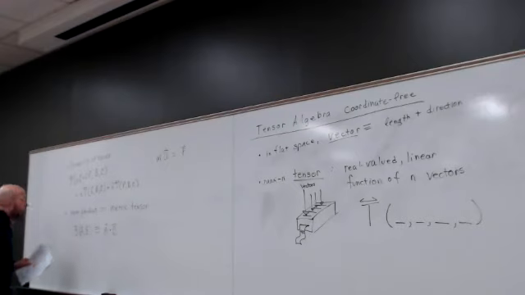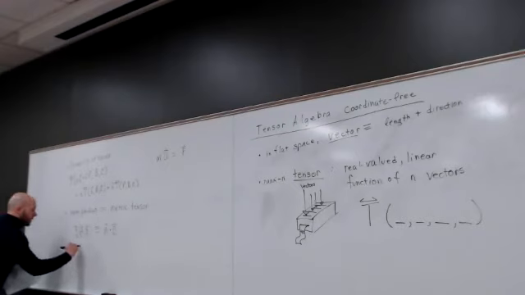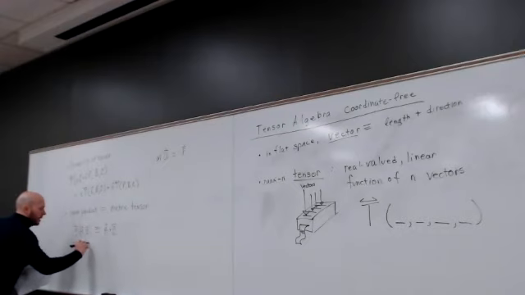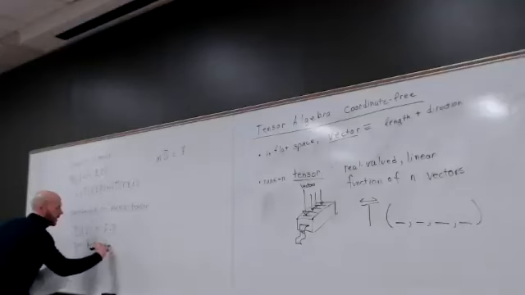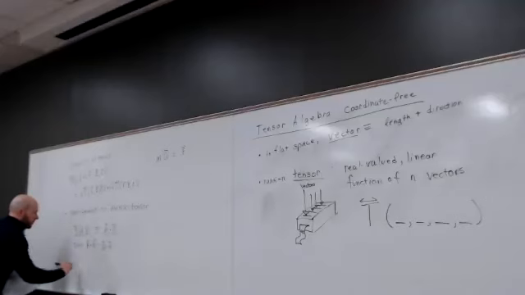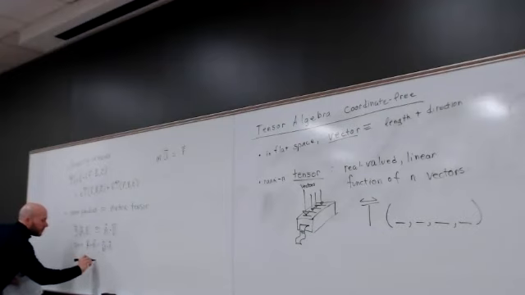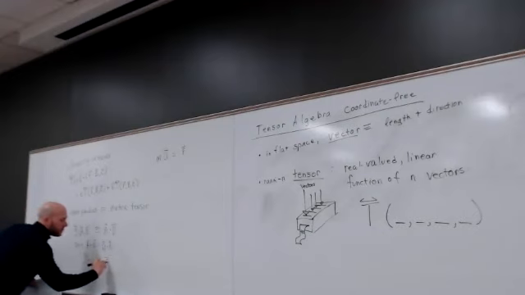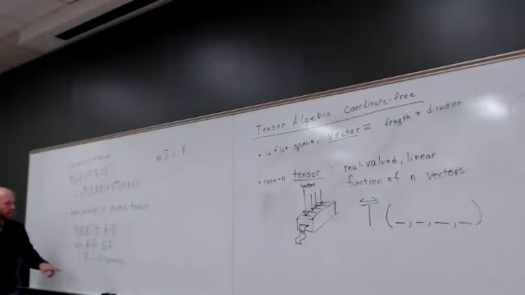Now, another fun thing about the metric is that since A dot B is equal to B dot A, the metric tensor is symmetric. Or we might say, more precisely, it is symmetric in its 2 slots. I can interchange A and B in this and get the same number out.